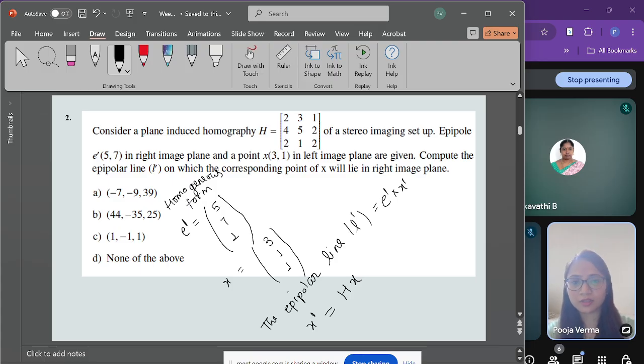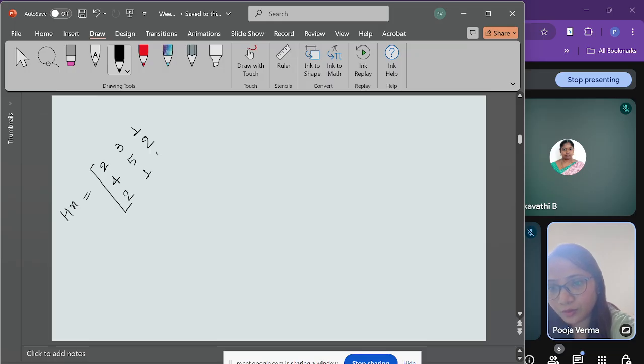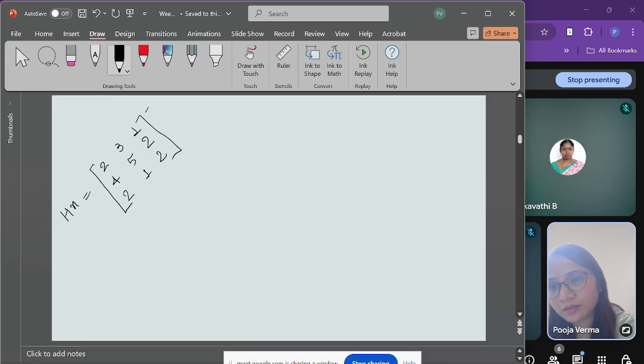So I'm taking another slide and calculating that. H into X. H is given as 2, 3, 1, 4, 5, 2, 2, 1, 2. This is the homography matrix H. And the left image plane point X is given in homogeneous form, already we have 3, 1, 1. Now if we multiply these two, we will get X dash.